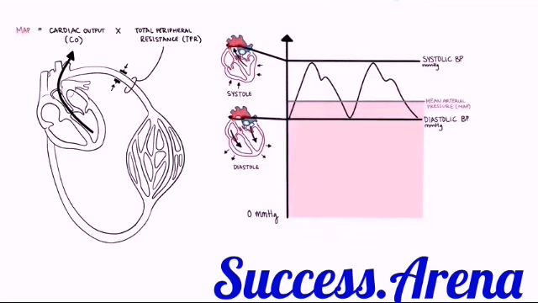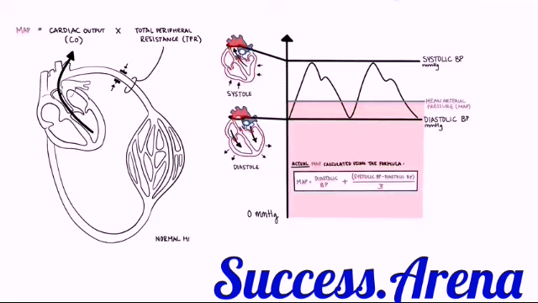The actual mean arterial pressure can be calculated using the following formula, where mean arterial pressure is the diastolic blood pressure plus the systolic blood pressure minus the diastolic blood pressure, over 3. A normal mean arterial pressure is somewhere around 65 to 100 millimeters mercury. Current guidelines recommend targeting a mean arterial pressure goal of 65 millimeters mercury to meet organ perfusion.